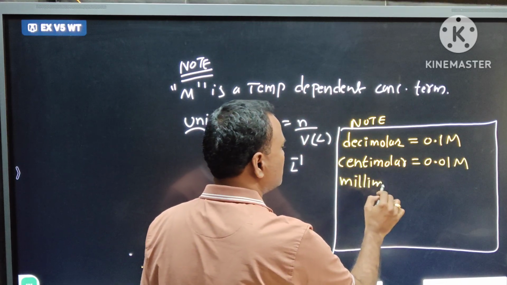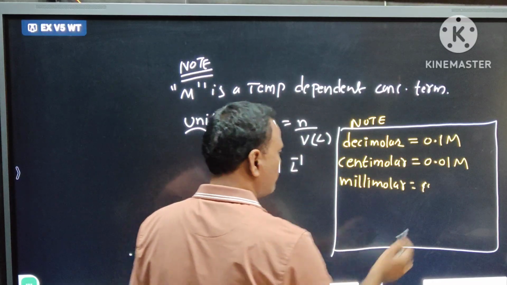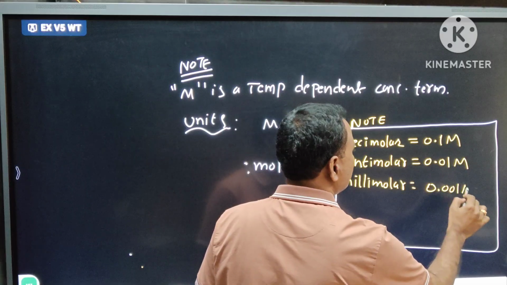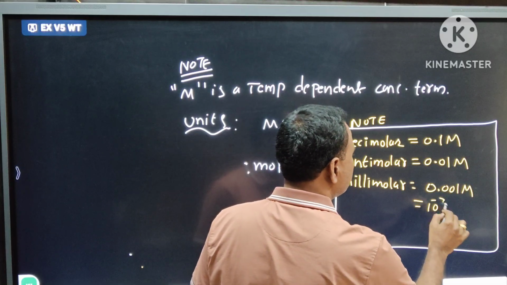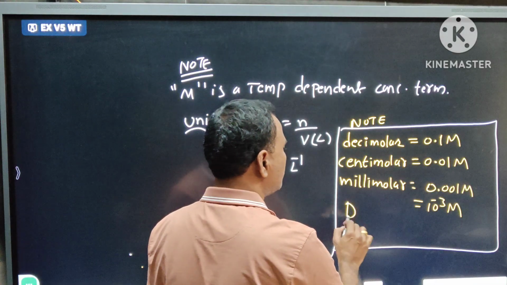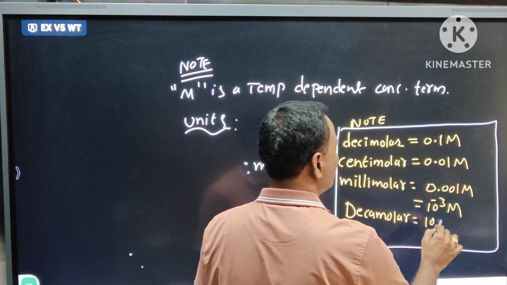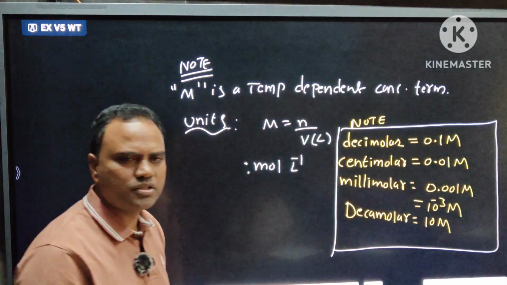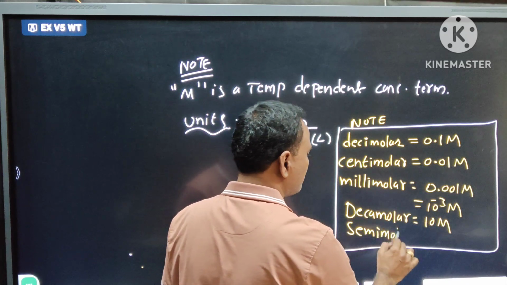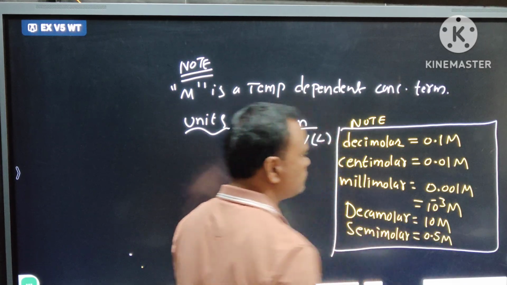Millimolar is 0.001 molar or 10 power minus 3 molar. Decamolar means 10, a 10 molar solution. Semimolar means 0.5, half, 0.5 molar.